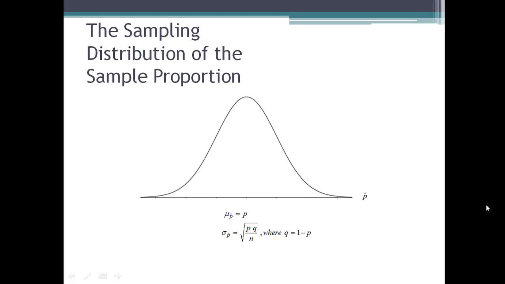Here the sigma P hats is going to equal the square root of PQ over N, where Q is equal to 1 minus P. So P is the number of yeses or the number of successes, however you want to look at that, and Q would be the number of no's or the number of failures. Those always have to add up to 1. So if there's a 30% chance of success, there's a 70% chance of failure.